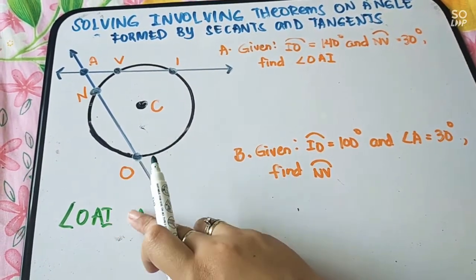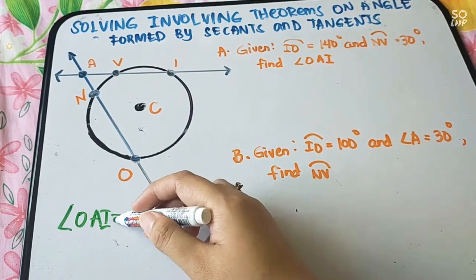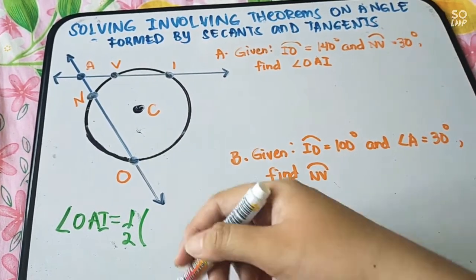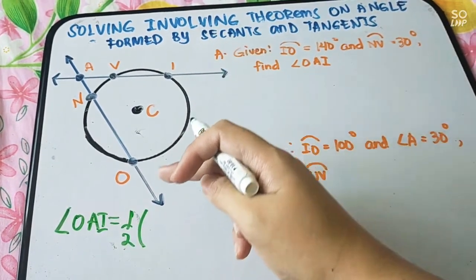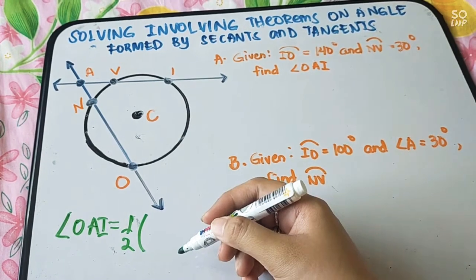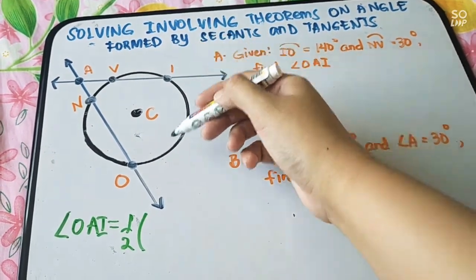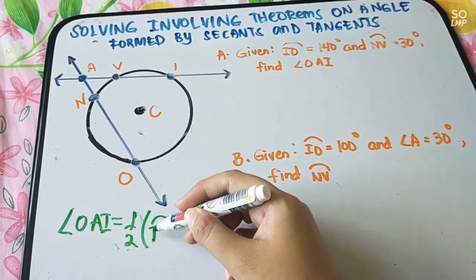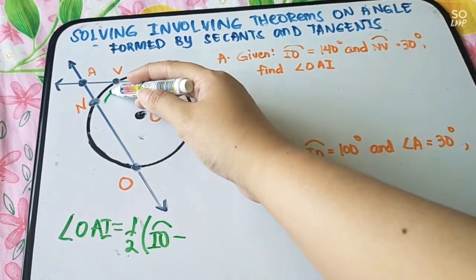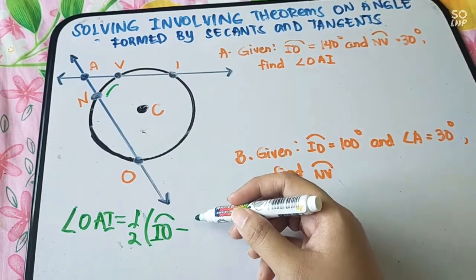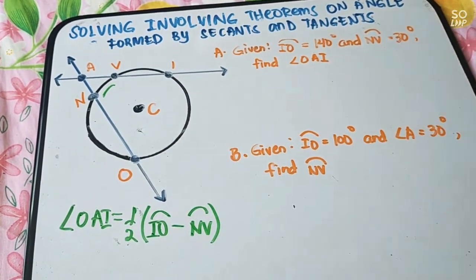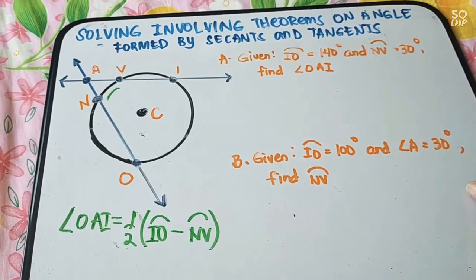So, parehas lang yan, ha. So, angle OAI is equal to the 1/2 of the difference of the bigger intercepted arc minus to the smaller intercepted arc. Our bigger intercepted arc is si IO. Arc IO. Minus mo, dun the smaller, ito yung smaller intercepted arc, na si NV. Arc NV. So, yan yung working formula natin dito sa dalawa na to.